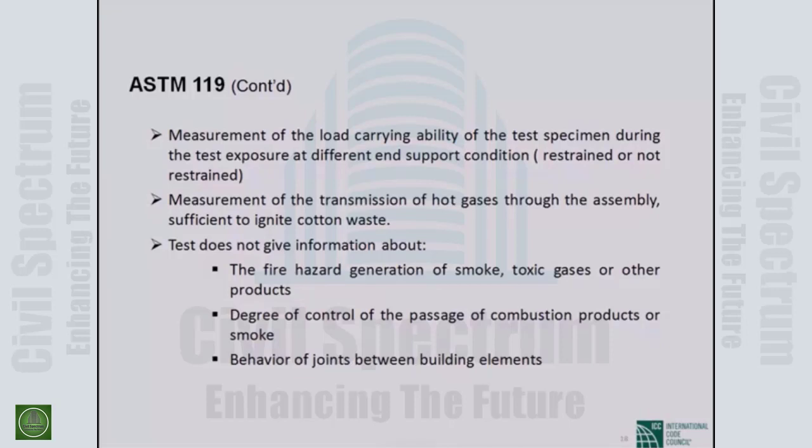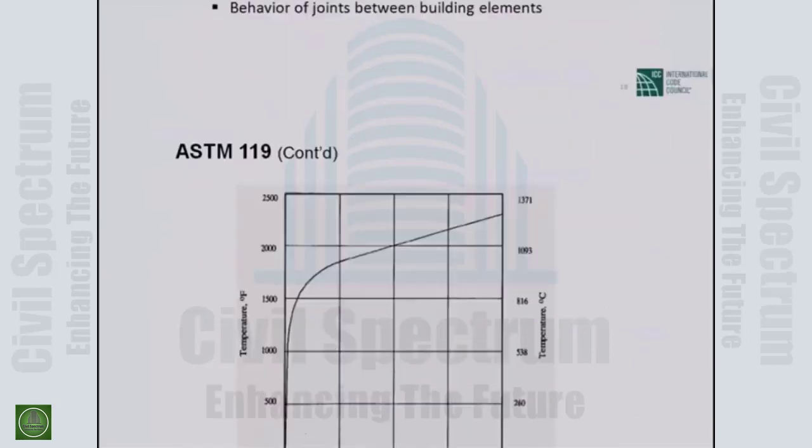Because it's an element, it is placed as a whole of the structure and with the joints, everything. And when it is subject to its load, which it will actually take, and how it collapses when the temperature rises.